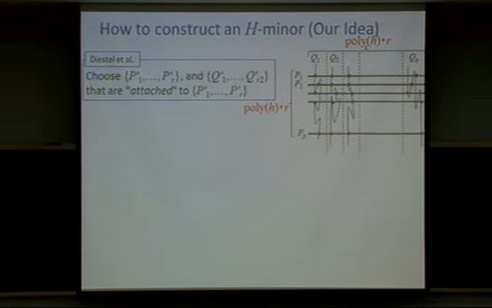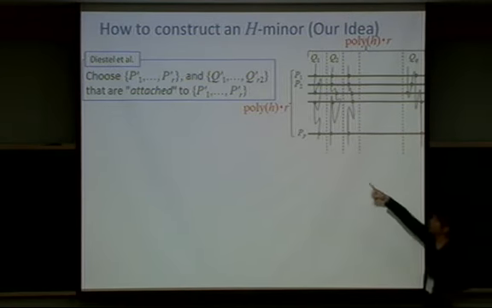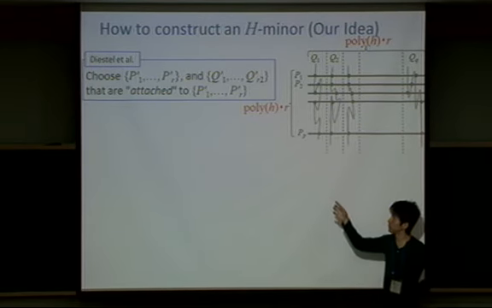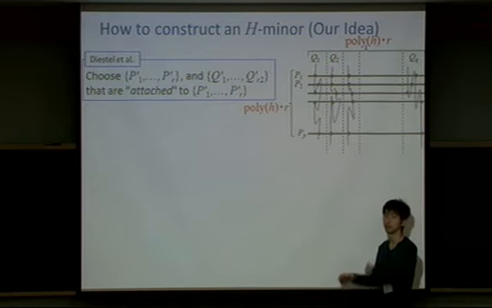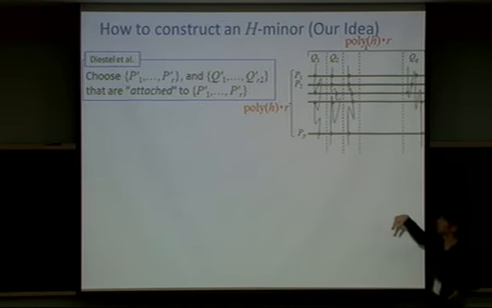So let me describe how to construct an H minor if we have two linkages like this. So in the original proof, they choose R horizontal paths and R squared vertical paths, and each vertical path is attached to R horizontal paths.